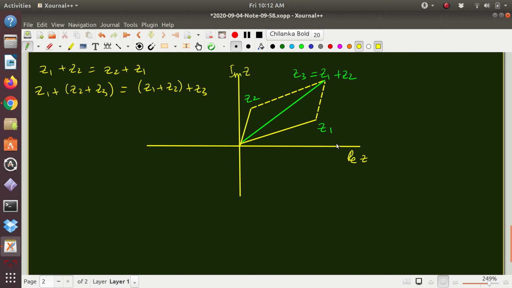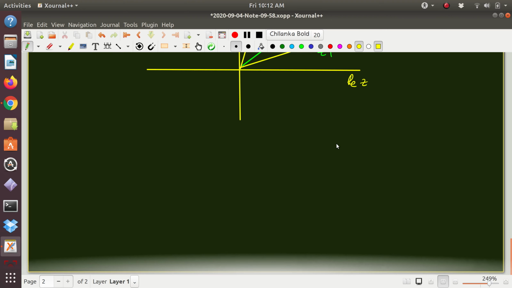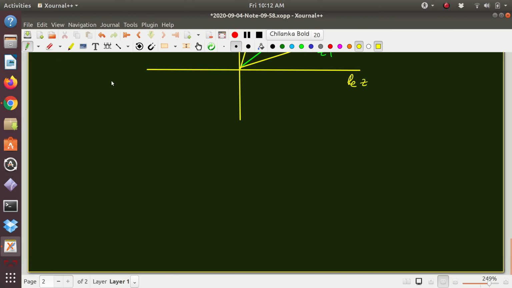Now there is a very important thing that you have to understand about complex numbers, and that is with regard to what is called the modulus and argument of a complex number.